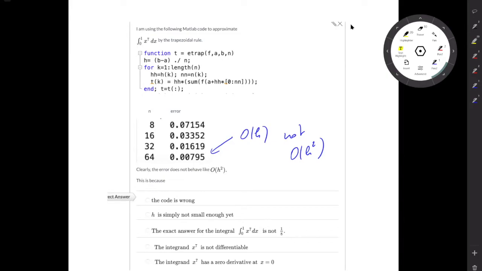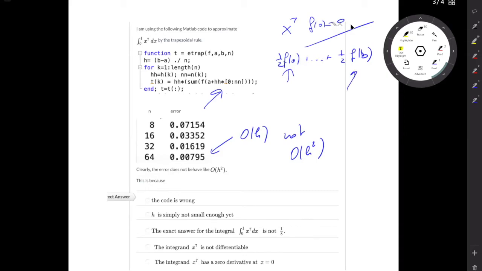It could be any of lots of reasons, but the problem is with my code here, because the trapezoidal rule has 1/2 of f of a plus all these other things, and at the end it has to be 1/2 of f of b. In our case, this doesn't matter at the start, because if we have x to the 7, then f of 0 equals 0. So even though this is an error in the code, it doesn't change the result.